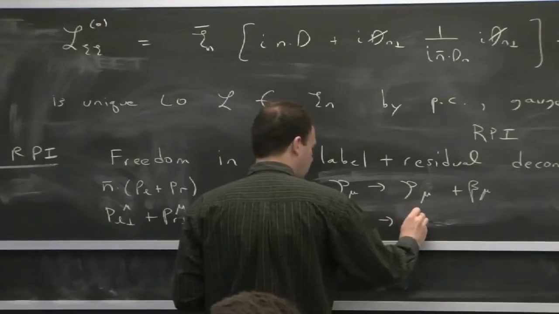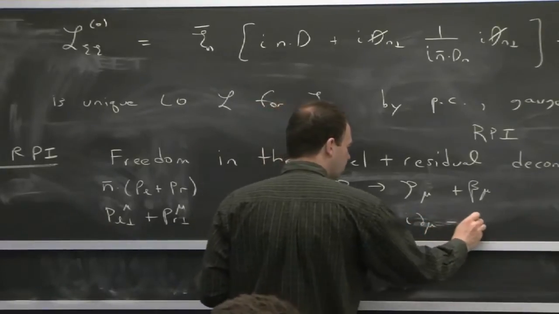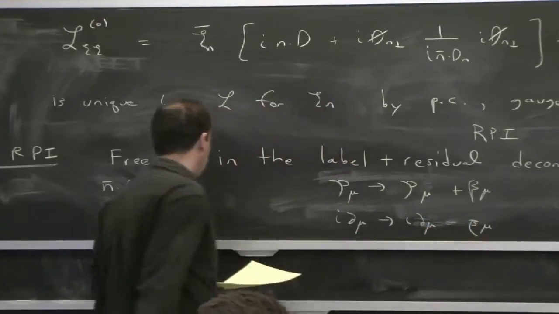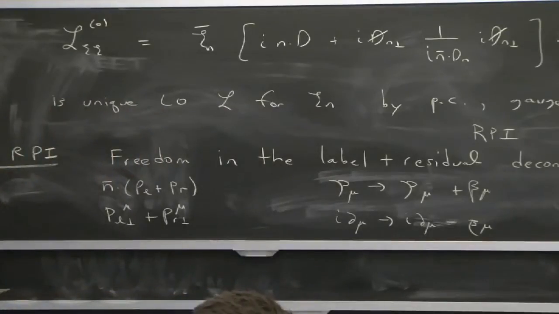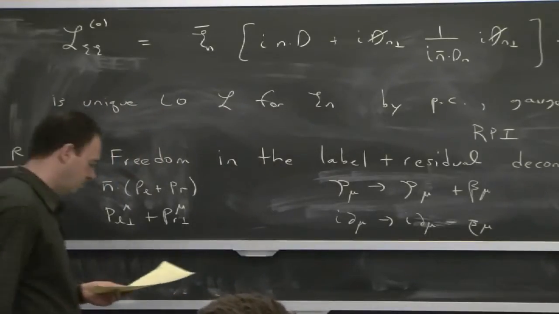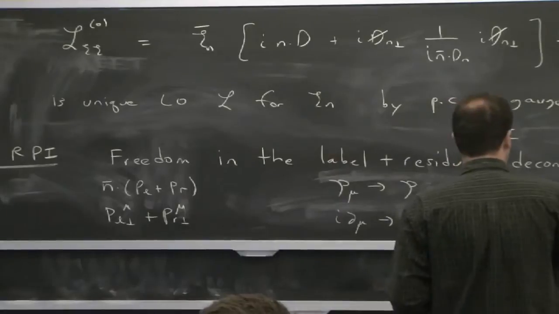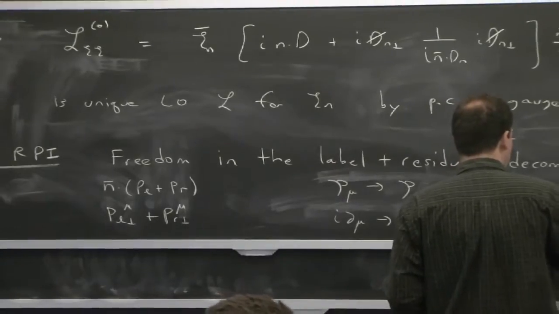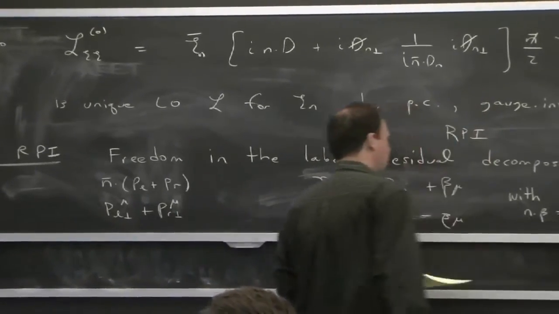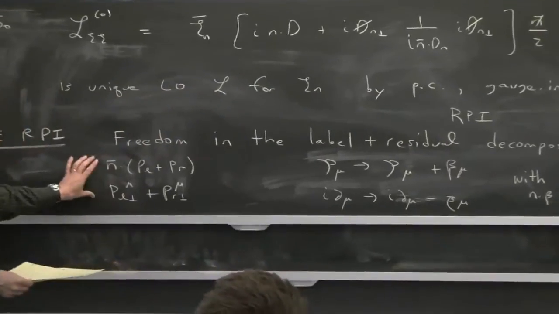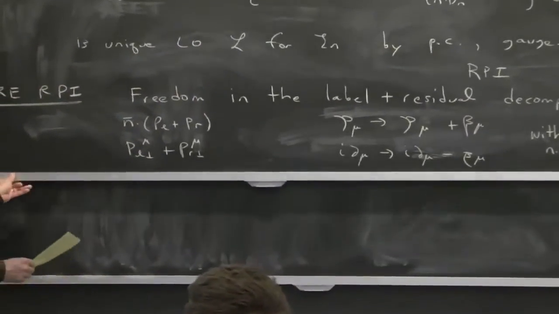And if we make a compensating transformation in the residual momentum or the residual derivative, then that would be a symmetry of the decomposition. It wouldn't change anything. n dot beta being 0 projects us onto these two cases.